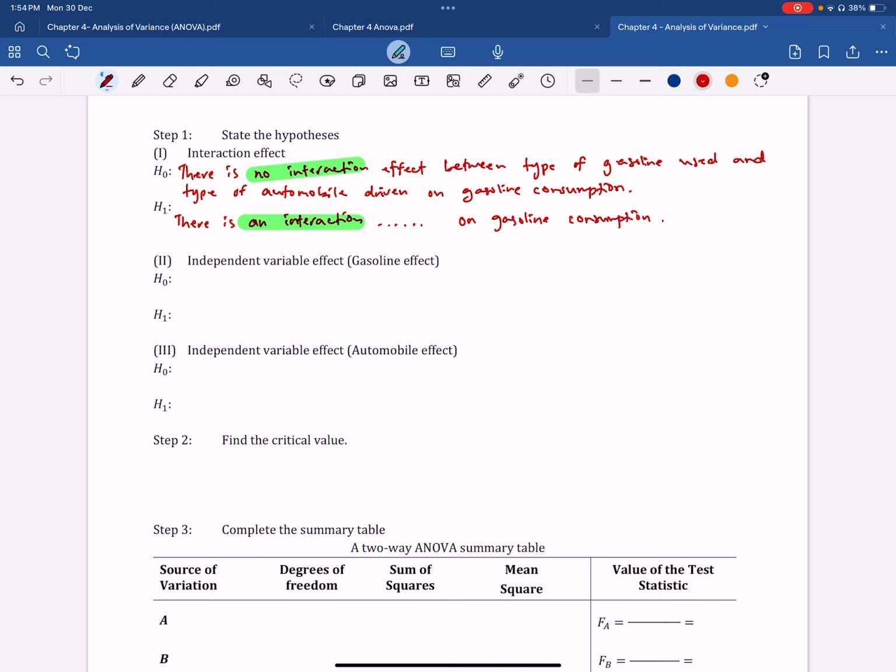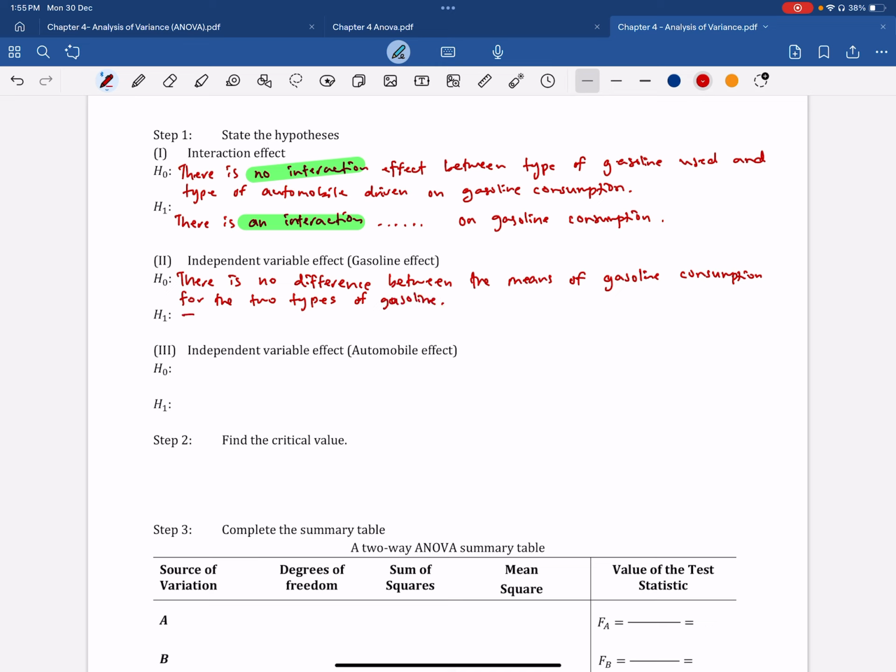How about the independent variable effect for gasoline? For the null hypothesis, there is no difference between the means of gasoline consumption for the two types, because our levels now, we have two types of gasoline.